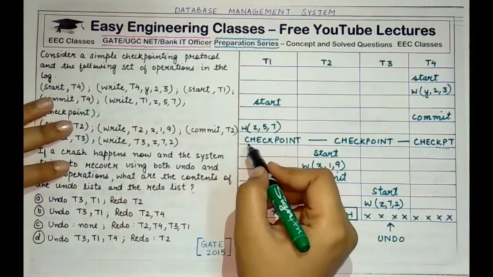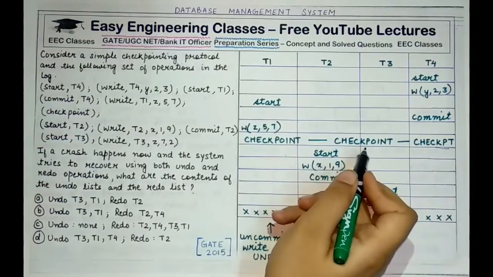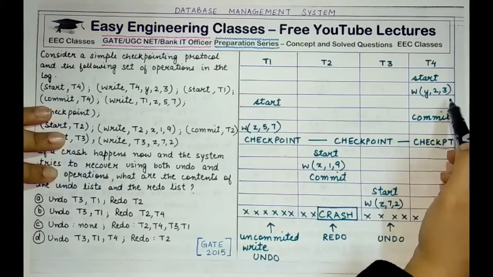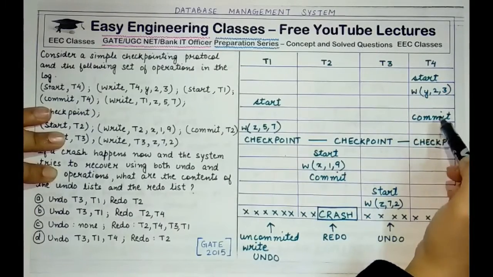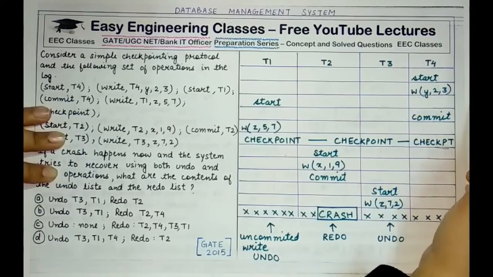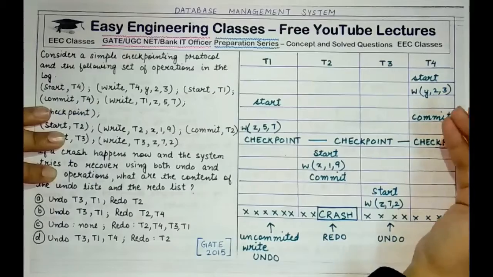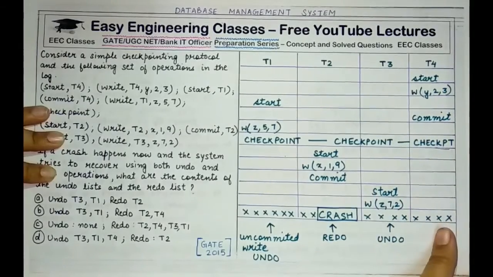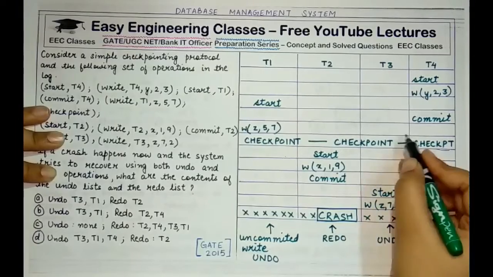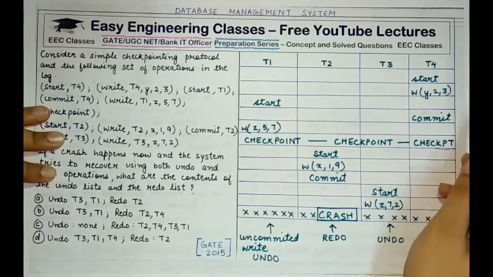If an operation is performed before the checkpoint and that transaction committed, just like T4, it started, performed its write operation and committed, and then the checkpoint happened. This means that this write operation is permanently stored in the disk. Since these changes are already made in the disk, we need not do them again because the checkpoint already wrote these changes in the disk.